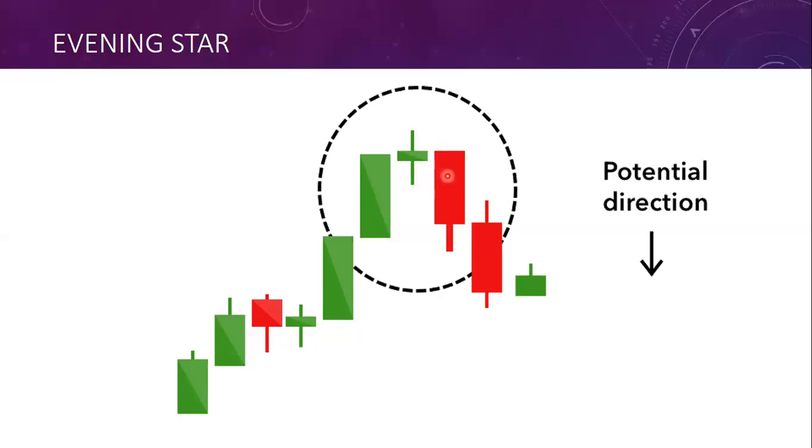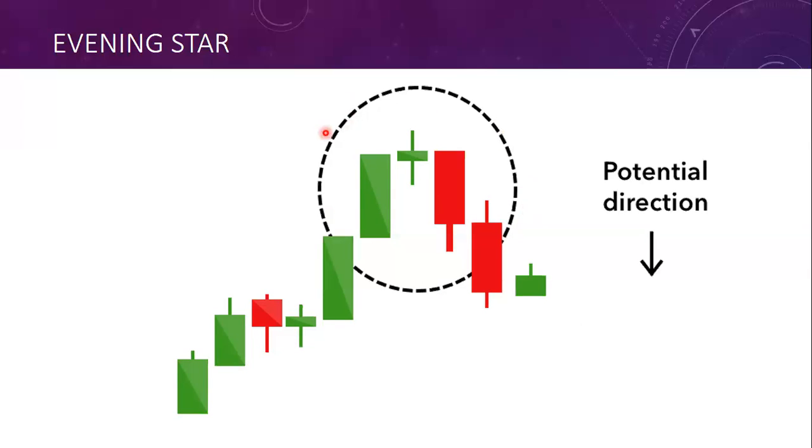And then a bearish candle. Three together give us a pattern called evening star. And it changes the price from up to down. So it comes on the top.